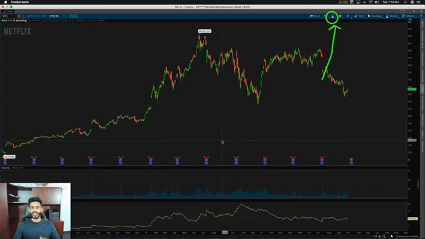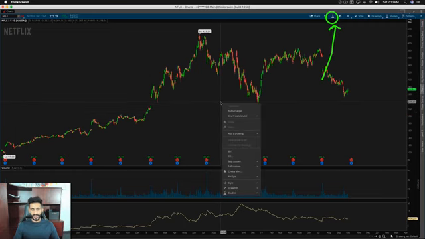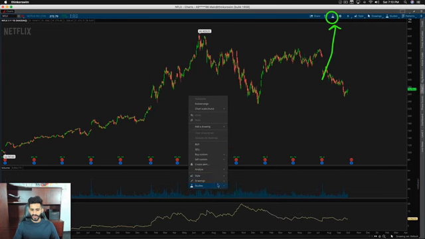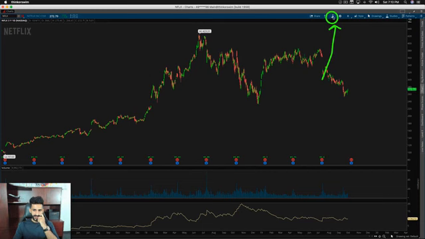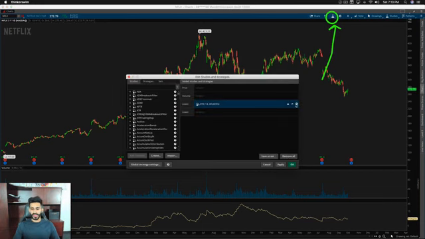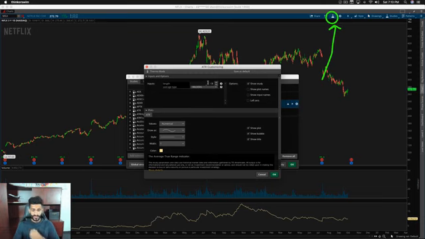Now if I want to change the color of it, change any settings, I right click, I can go to studies, edit studies. Once again, right click, studies, edit studies. Or I can go back on this right here and I can click this edit button. If I do that, I can change the length. So if you guys take a look, I'm looking at a 14-day average.